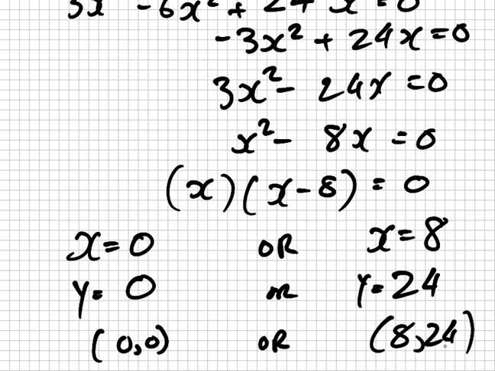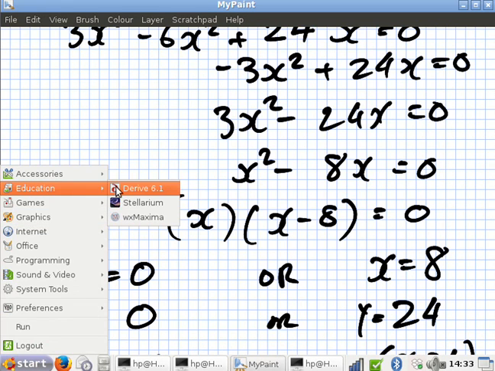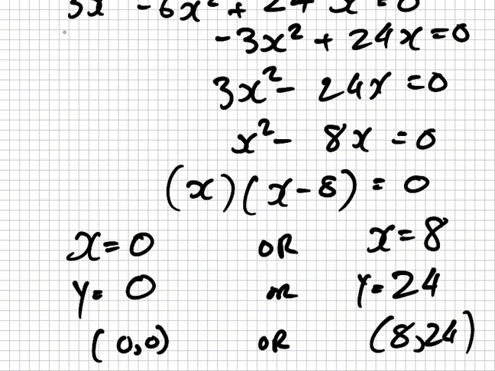They're the two coordinates of the turning points. I suppose we could draw that to see those turning points. I substitute x equals 0 and 8 into the formula y equals 3x.